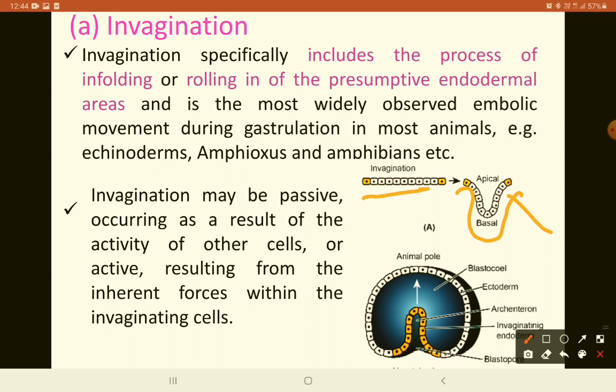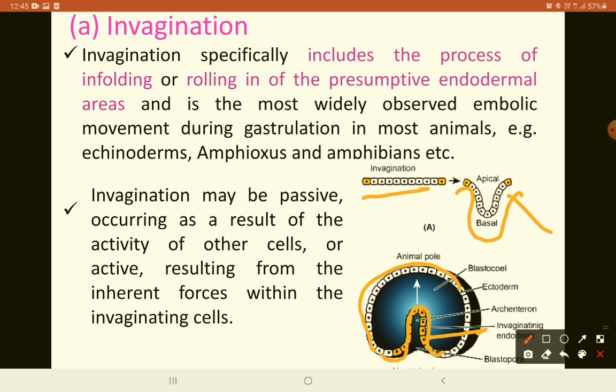Here is the outermost layer, and here a few endoderm cells are showing this inward movement. This inward movement of endoderm cells is what is called invagination.